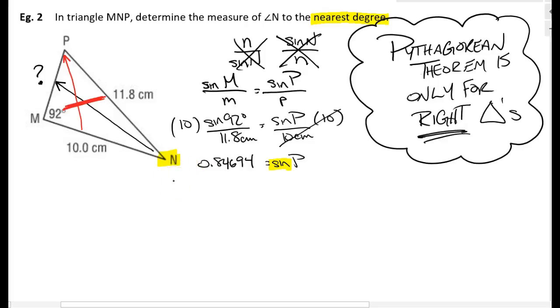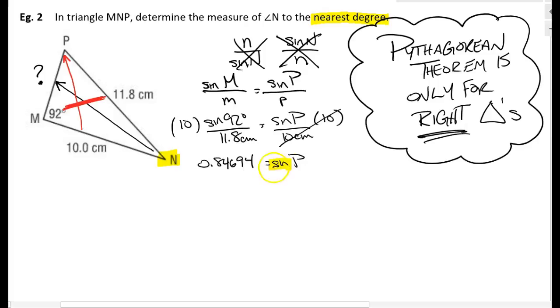I'm going to keep as many decimal places as I can when I'm proceeding with my calculation, because I'm not done this question yet. So although I've written down just 5 here, I'm going to continue to work with all 10 decimal places that I have in my calculator.